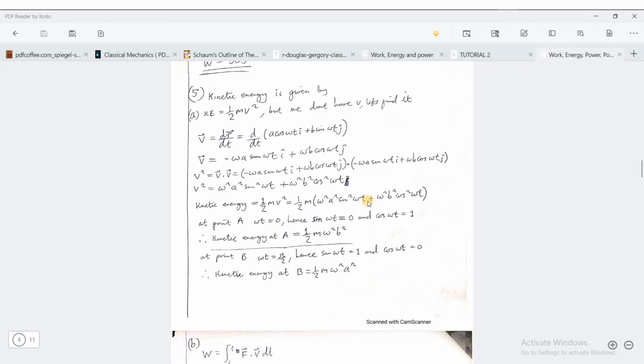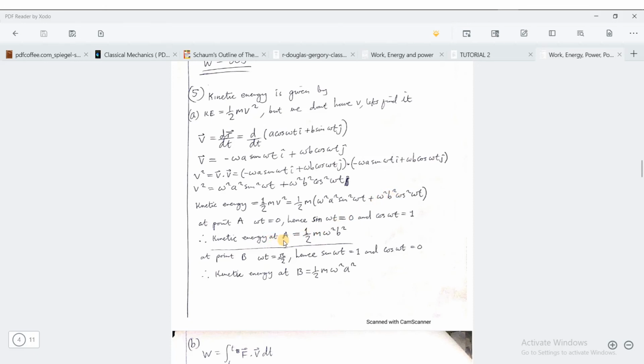Alright, I hope you've understood what we've done here, because we've simply eliminated this thing, because this thing is turning out to be 0 at point A, and this whole thing here is turning out to be 1. So we'll only be left with omega squared b squared.